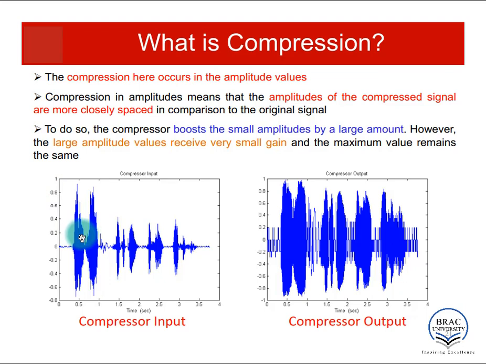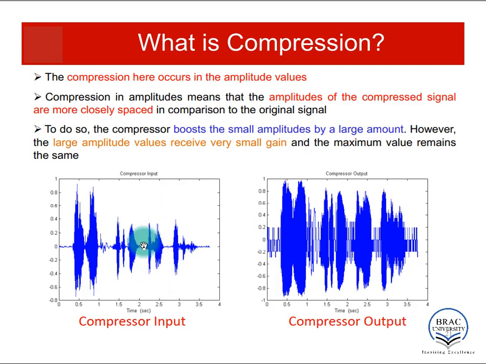But if you compress the signal, then the total signal will be boosted somewhat, but the lower amplitude values will have a high boost, and the higher amplitude values will have a very low boost. In that fashion, you can see the lower amplitude values have gained some power, and now the gap between the higher and lower amplitude values is very small compared to the uncompressed input.